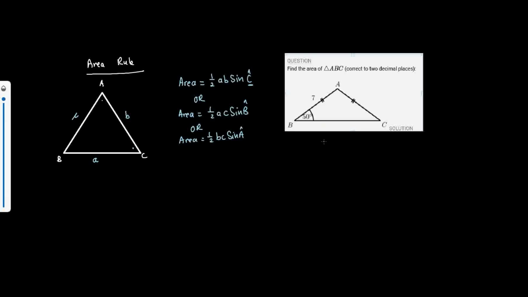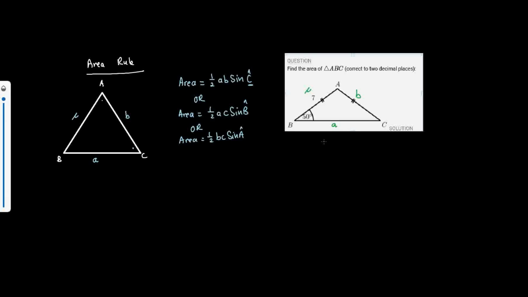Now, what is step number one? If you have forgotten what I said, step number one is to label the sides. So let's call side BC A, let's call AB variable C, and let's call the length of AC variable B. So what is my included angle?